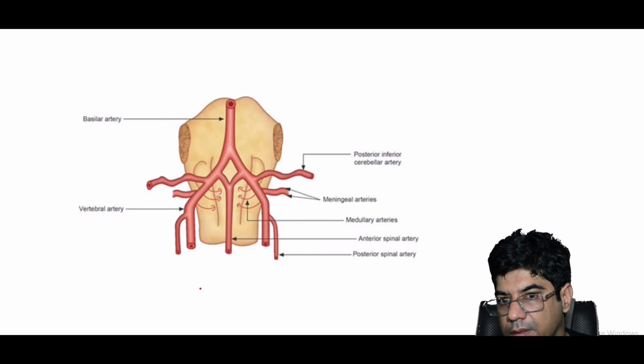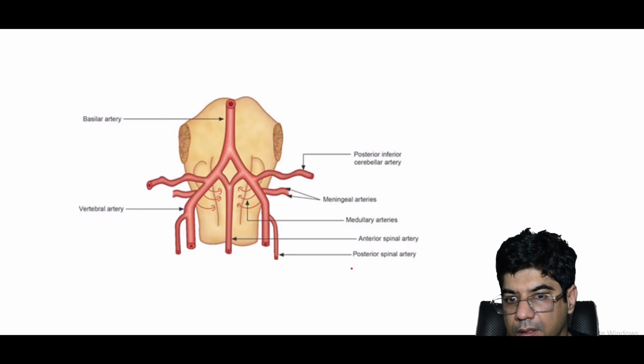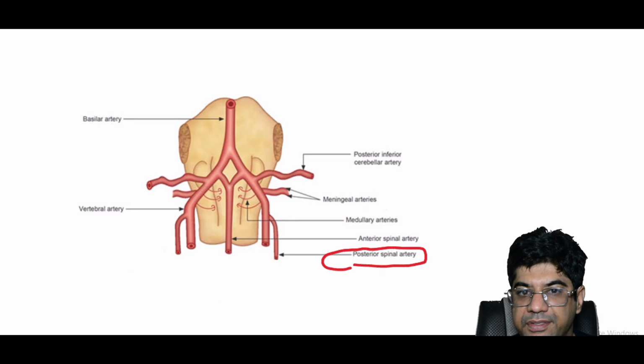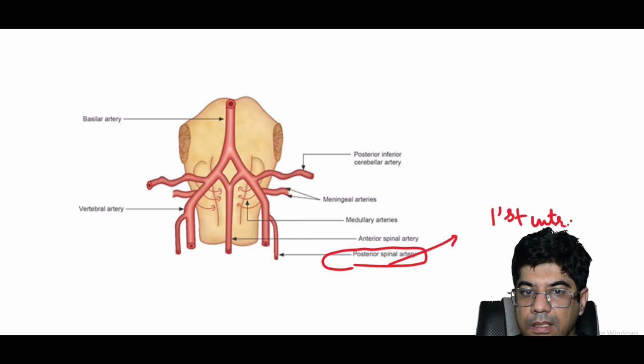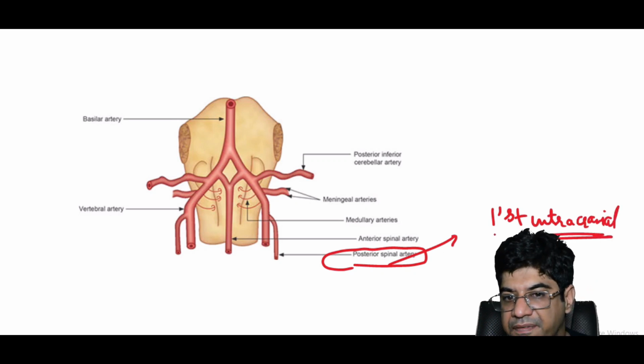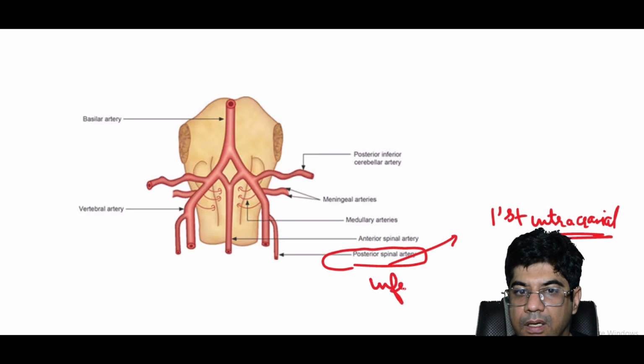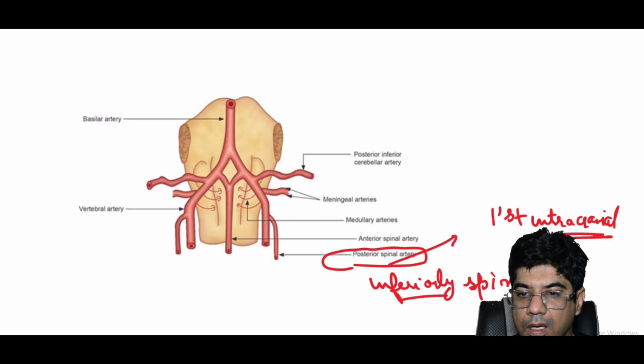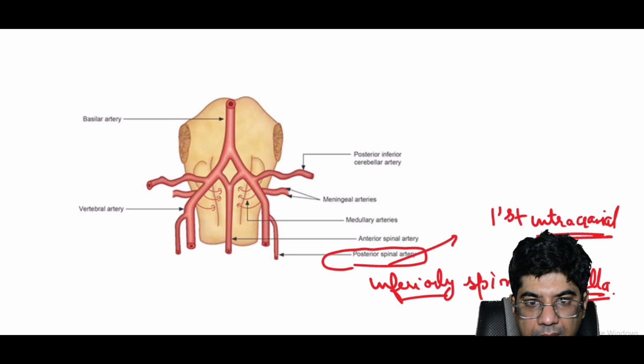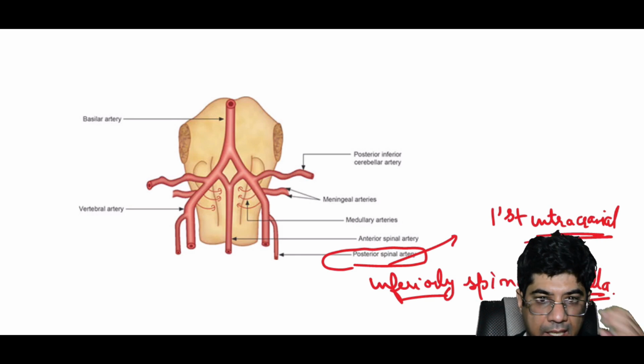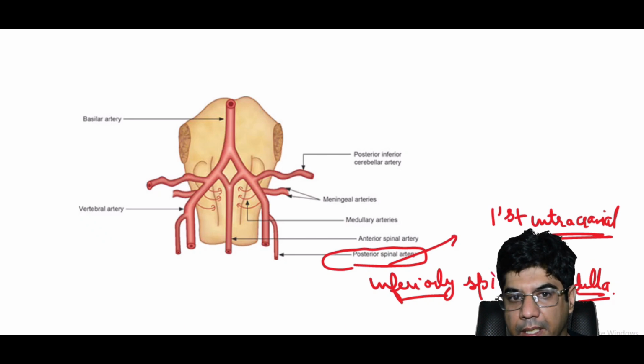Remember, it is the first intracranial branch, and it passes inferiorly on the spinal medulla among the dorsal roots of the spinal nerves. So what is the first intracranial branch of the vertebral artery? It's the posterior spinal artery.